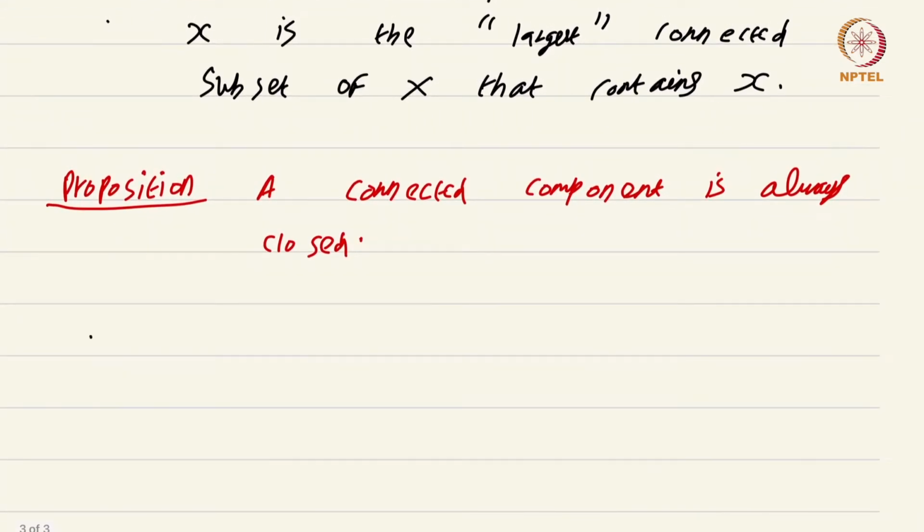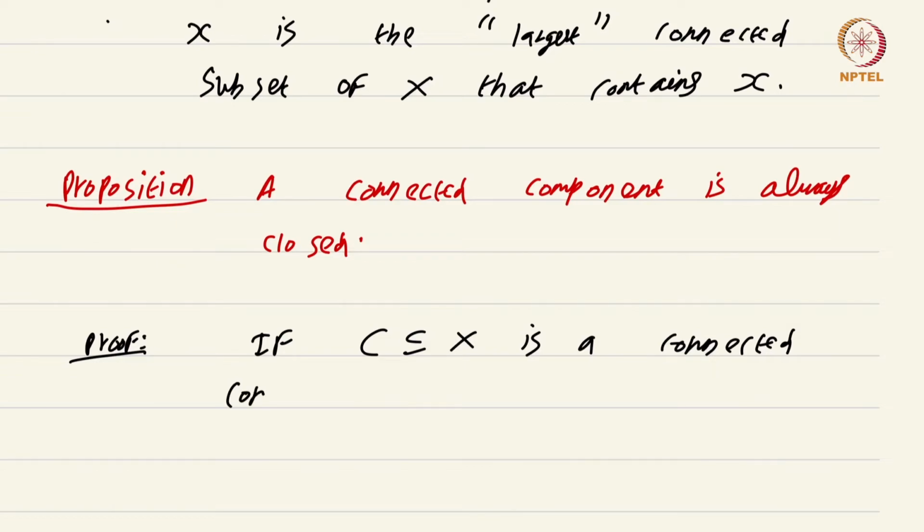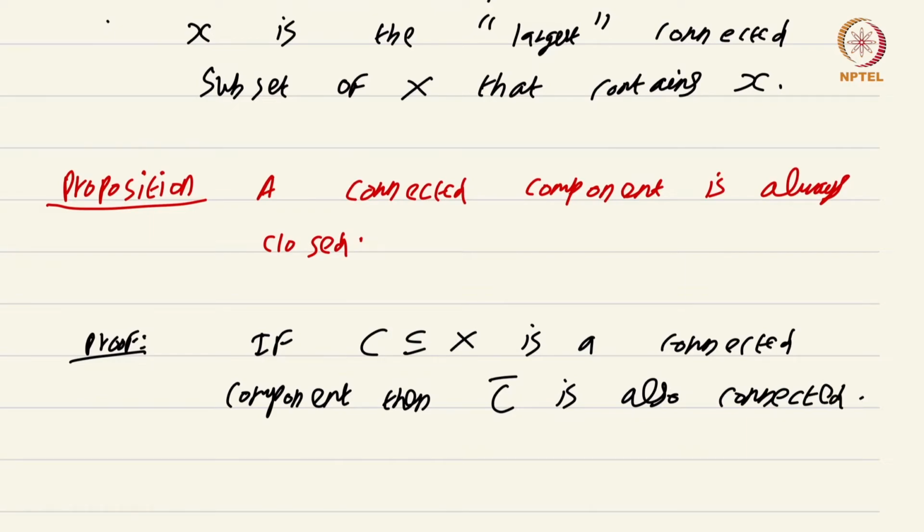Proof is, if C subset of X is a connected component, then the closure of C is also connected. Right?